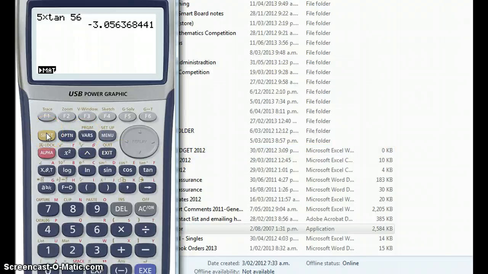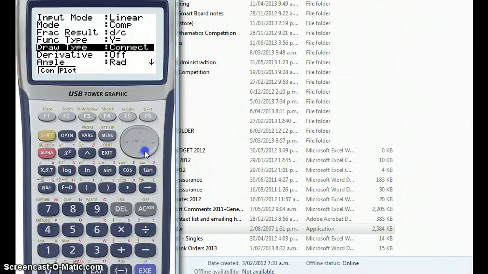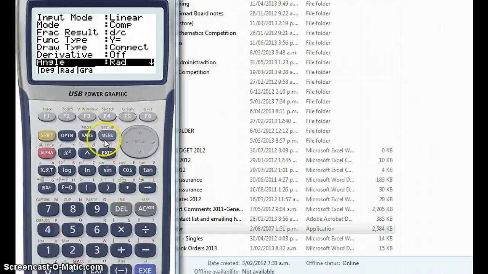So, for those with graphics calculators, Shift Menu, and down where it says angle, you need to change it to degrees by pushing F1. It is the same on the scientific calculator. You should have a little D on the top of the screen.